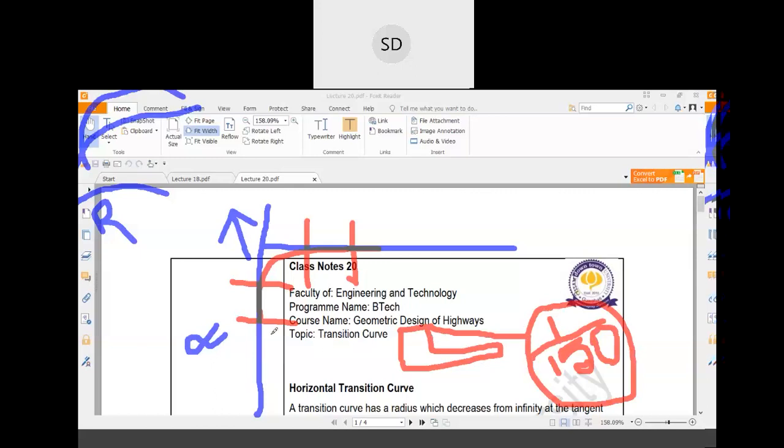Now the third criteria is that in the horizontal curve, extra widening is provided. Now, if there is only a circular curve and no transition curve, in that case, that extra widening portion would look like that, and it will not be visually attractive. So in such cases, that extra widening portion should also be gradually introduced.